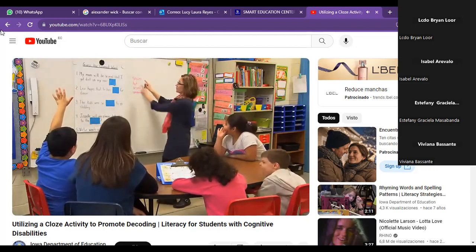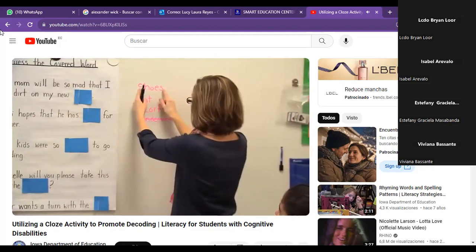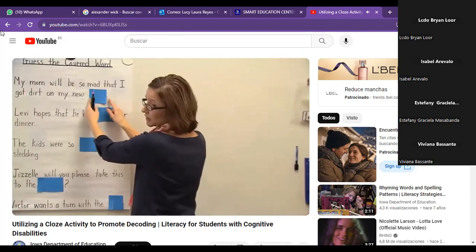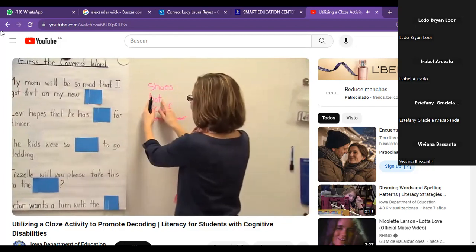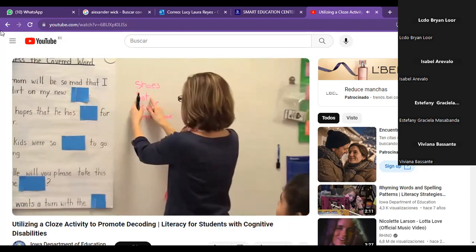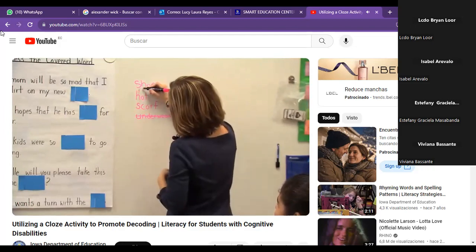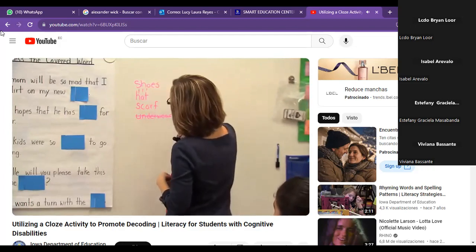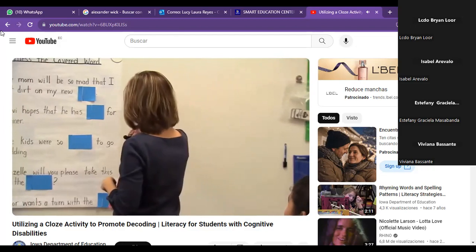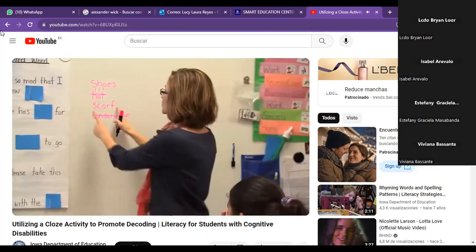All right, let's go through. Shoes. Is it about the right length? Yes, I think it could be shoes. What about hat? Is hat smaller than shoes? There's two more letters in shoes. So I think hat would be too what? Short. Too short. How about scarf?